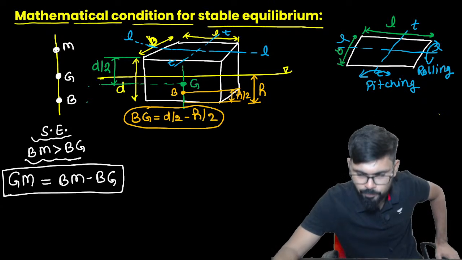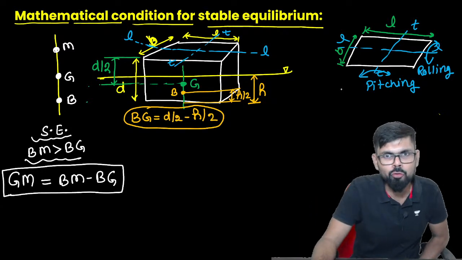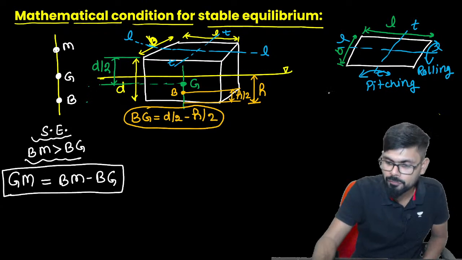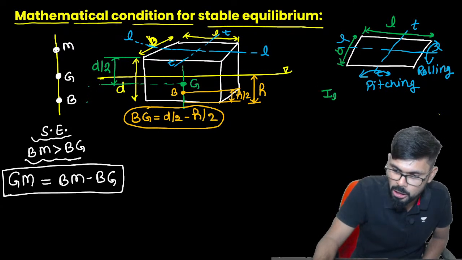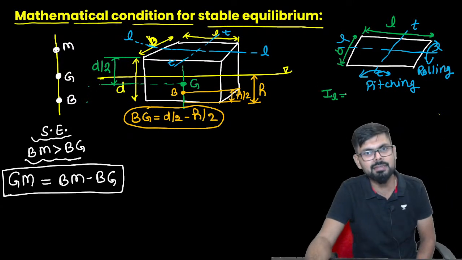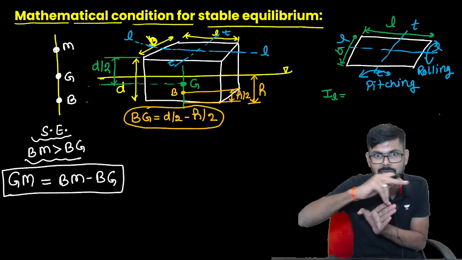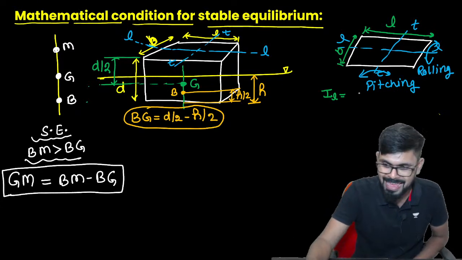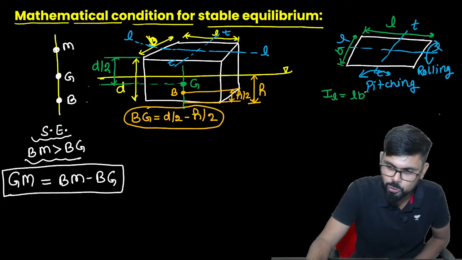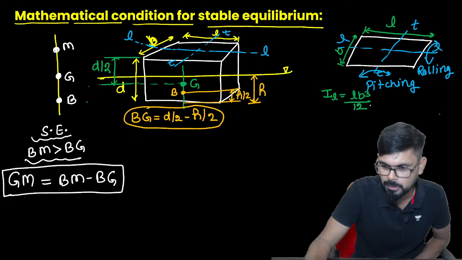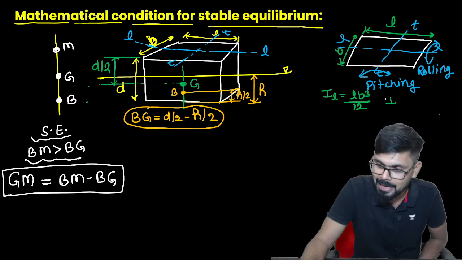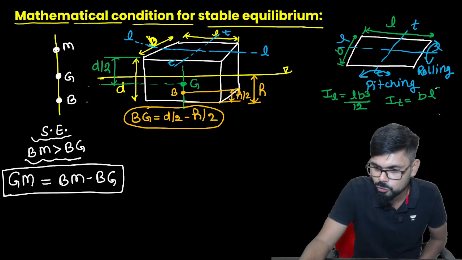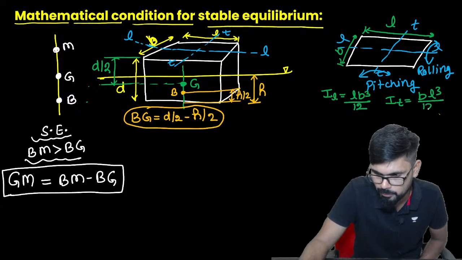Same, I took now. Now if I find the moment of inertia I around the longitudinal axis, what will it be? It will come LB³ by 12. If I calculate the I value around the transverse axis, then it will come BL³ by 12.